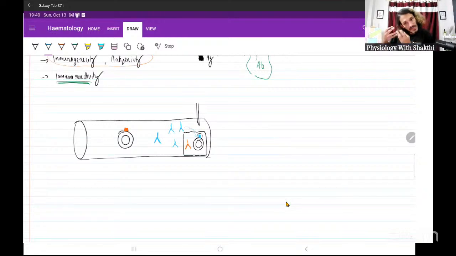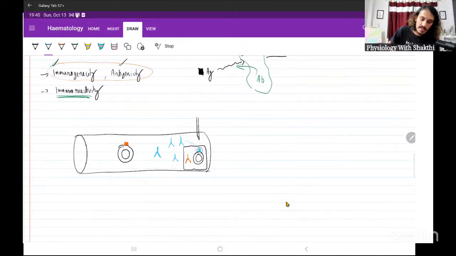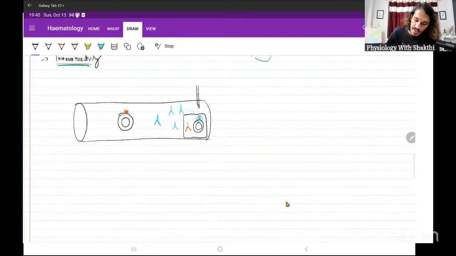That RBC will get ruptured and all. So that is one thing that can happen. That is because of this immunogenicity, the ability to elicit. And on the other hand, this anti-A, which is also there, can go and bind to the RBCs in that person and destroy them.